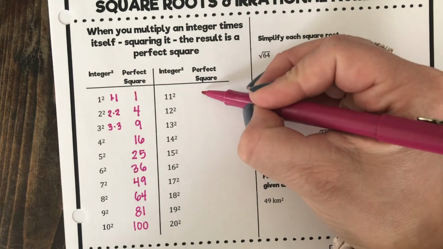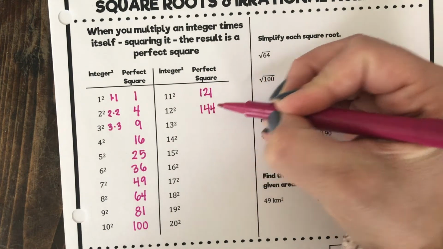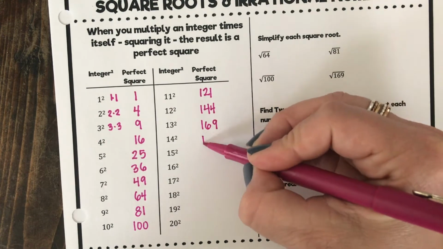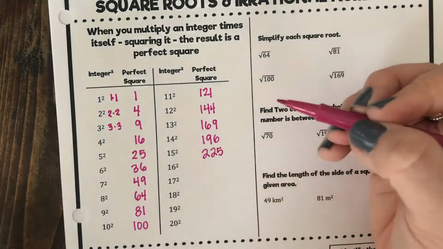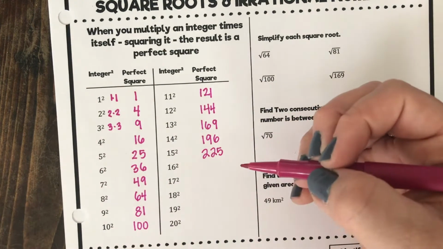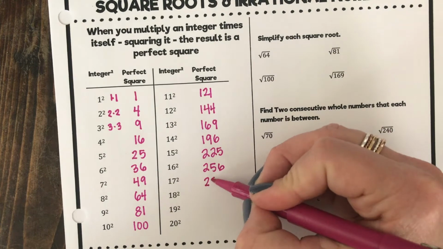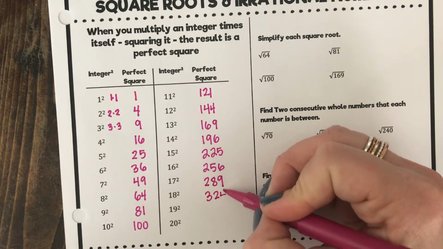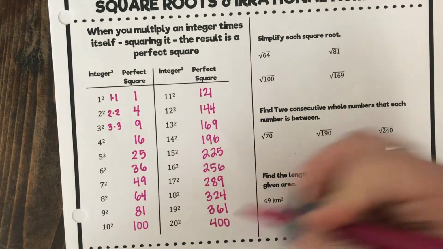So 11 squared is 121, 12 squared is 144, 13 squared is 169, then 196, 225, 16 squared is 256, and then we go to 289, 324, 361, and 400.